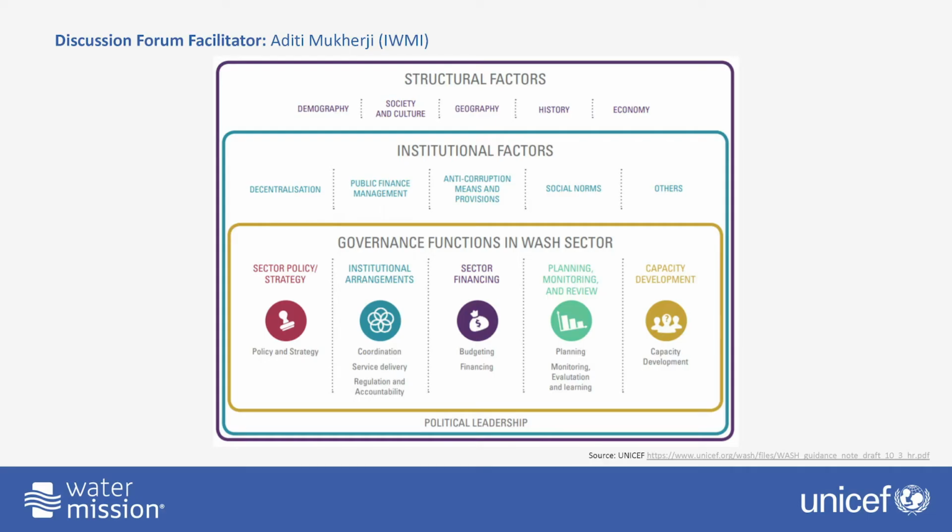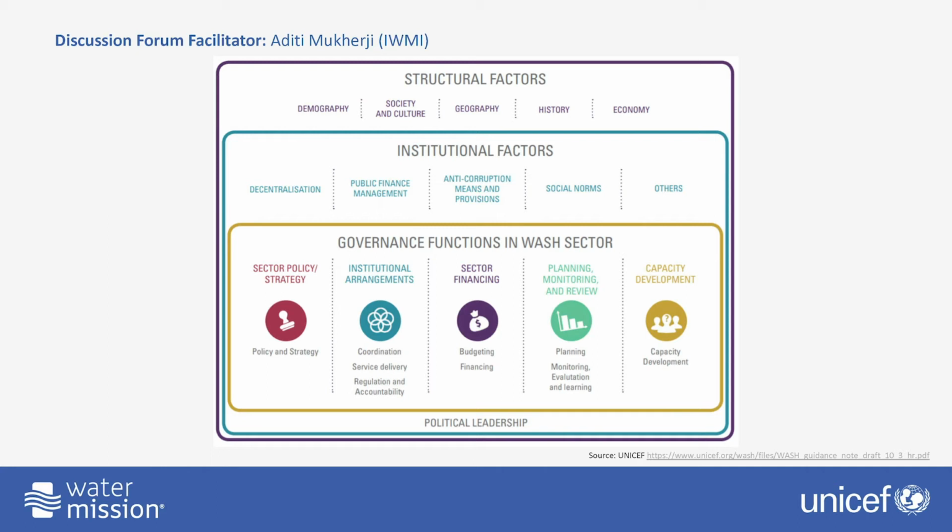We talk about the importance of the enabling environment and its role in promotion of solar-powered water systems. Let's start with this particular diagram from UNICEF, which talks about the 3 layers of enabling factors. The first is the structural factors, the overall political economy, the geography, the demography.